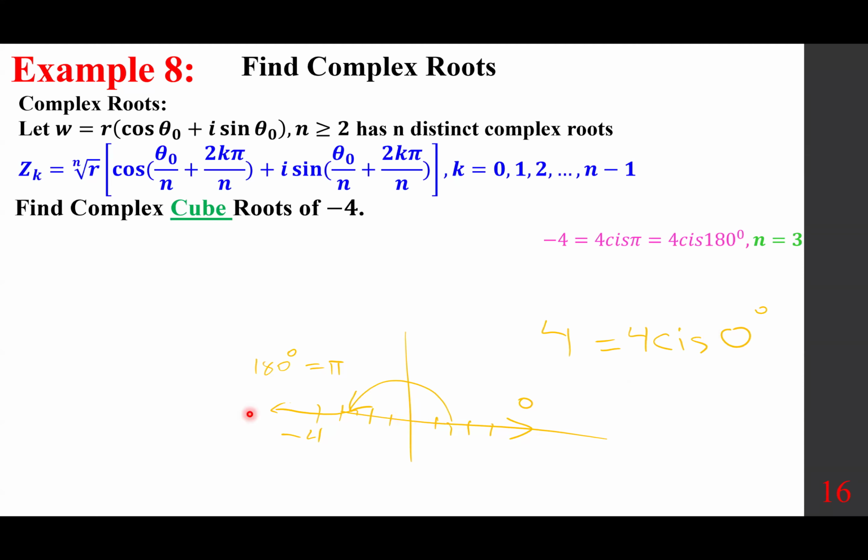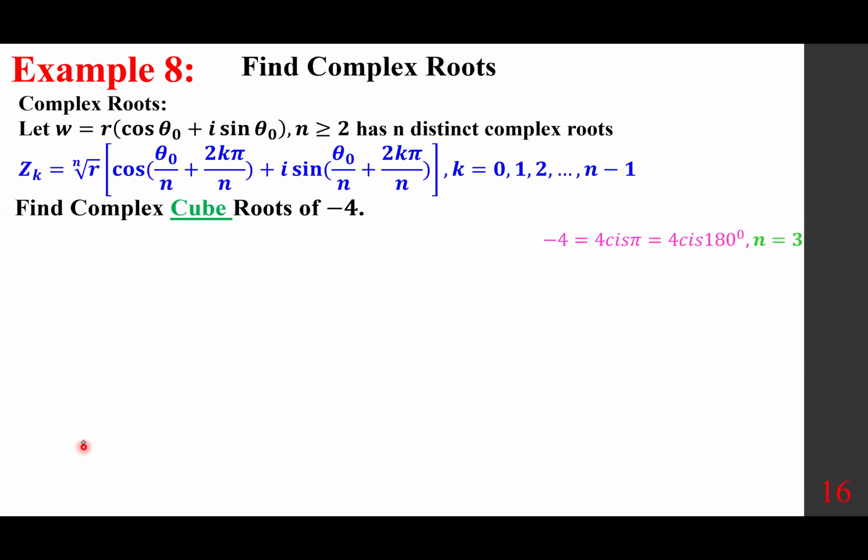Any negative along the x-axis, so basically any real number, because it's not complex, it just has a real part 4 and the complex part is 0. So 4 cis 0. If it's minus 4, cis pi. If it's minus 8, cis pi. Just a general form.